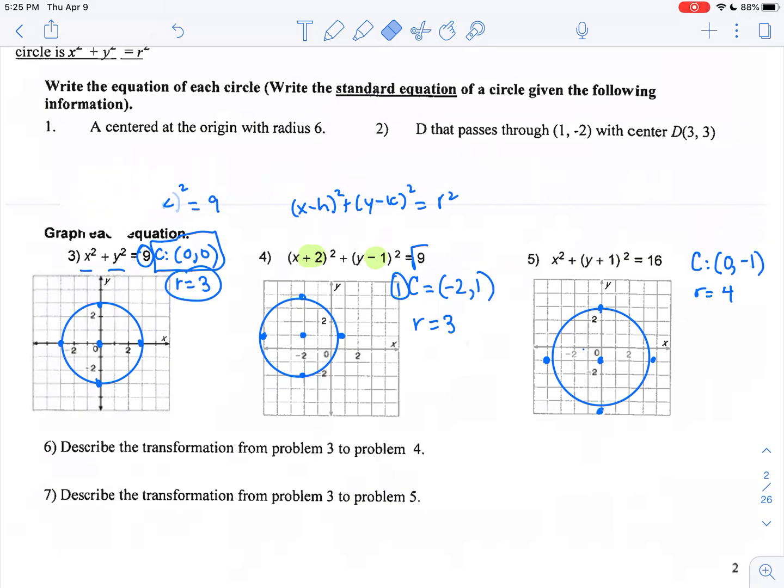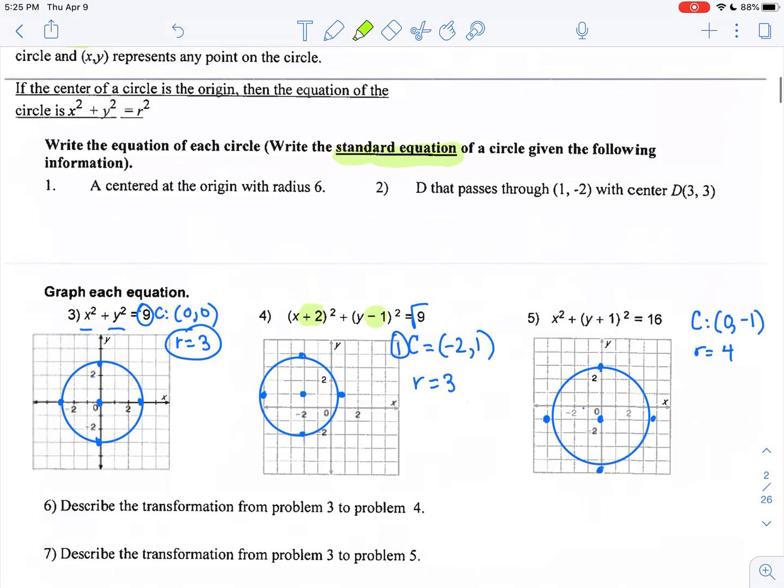All right, so now going back to the first 2 examples where they asked us to write the equation of each circle. They want the standard equation of a circle, which is (x - h)² + (y - k)² = r². Here the center is (0, 0) and the radius is 6.